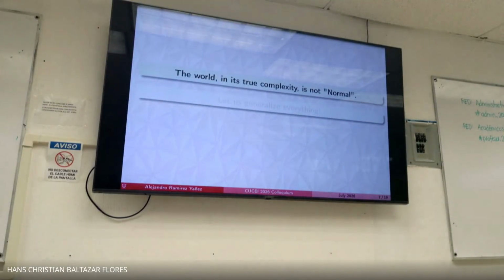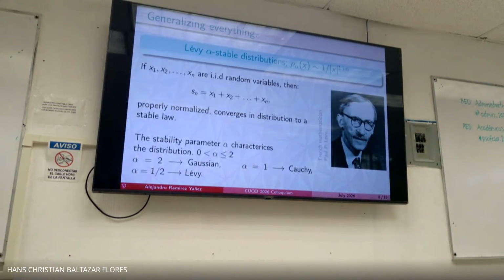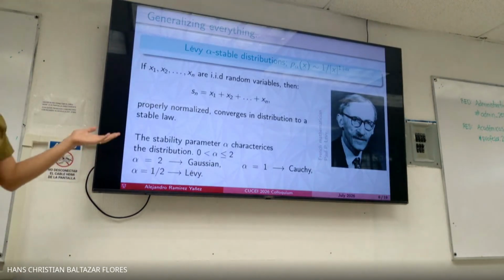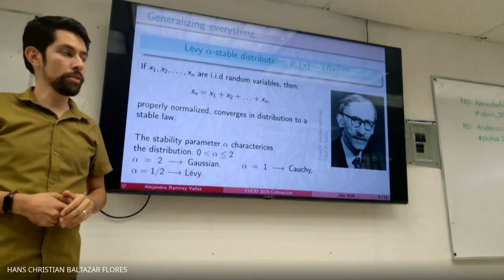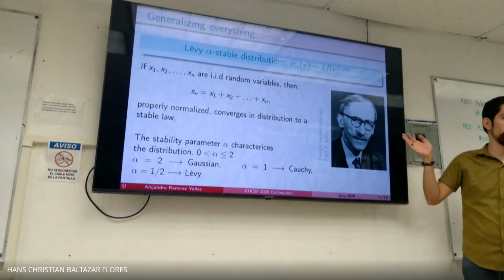Okay, so the world in its true complexity is not normal. So let us generalize everything and talk about what happens then. If we don't have a Gaussian distribution, then what do we have? Okay, so let me present, first of all, what the Levy alpha-stable distributions are. This person here is the French mathematician Paul Levy.